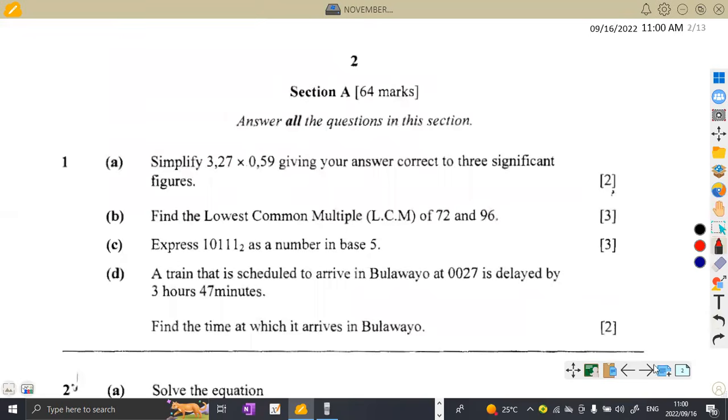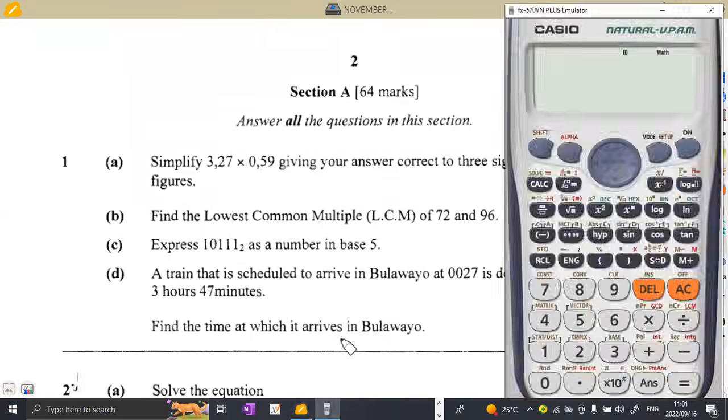Let us quickly go to the first part of the question. It asks us to simplify, giving your answer correct to 3 significant figures. This is Paper 2, guys. It's just multiplication, which means you're just using your calculator to multiply. That is your answer. So here we're just going to insert our values: 3,27 multiplied by 0,59.